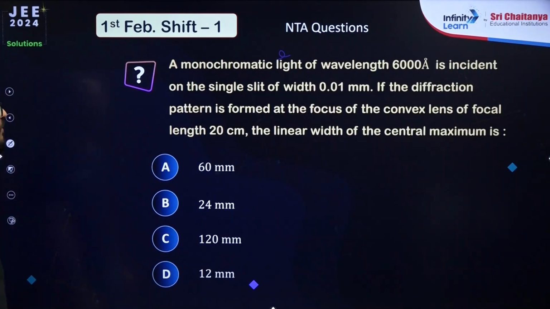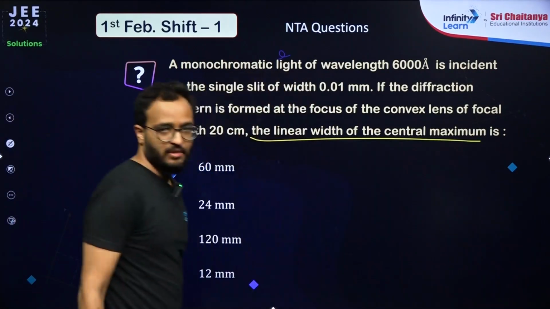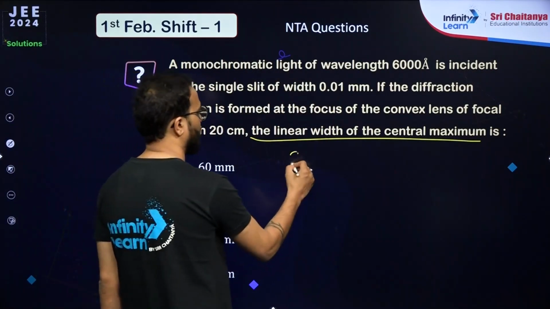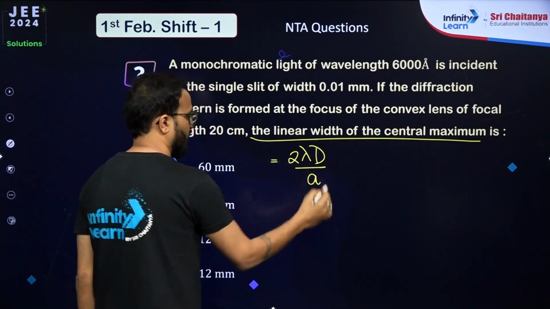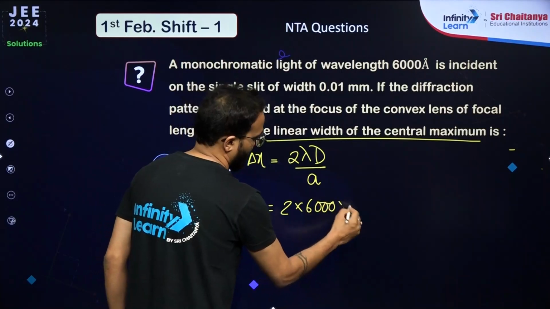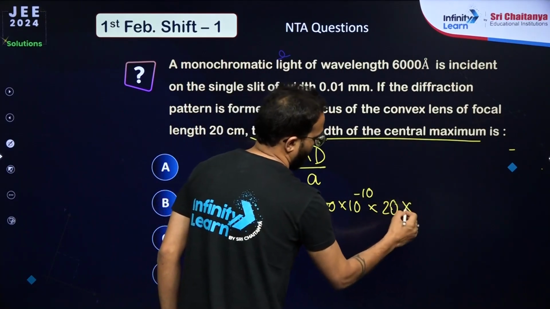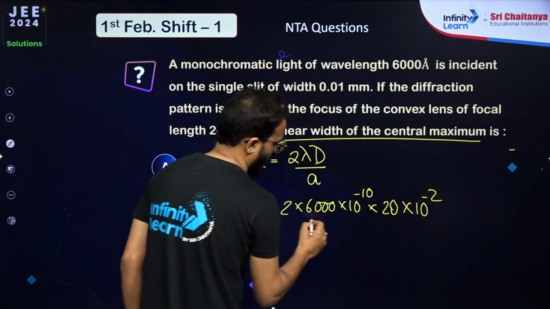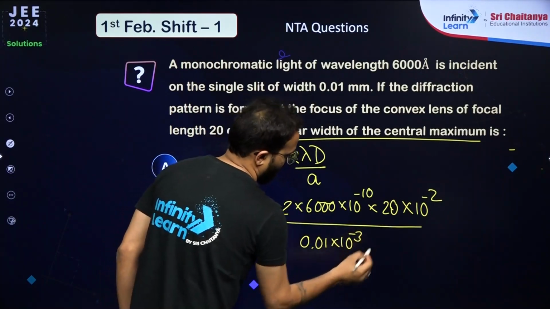A monochromatic light of wavelength. Okay, so they have asked linear width of central maxima, that's all. So linear width of central maxima is 2 lambda D by a. Okay? So it will be 2 into 6000 into 10 to the power minus 10 into 20 into 10 to the power minus 2 upon 0.01 into 10 to the power minus 3.